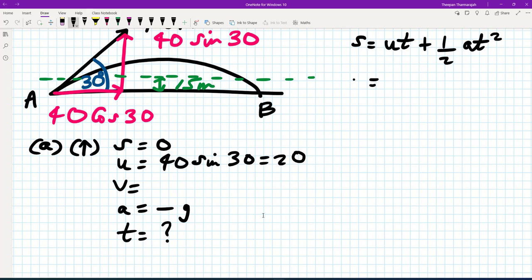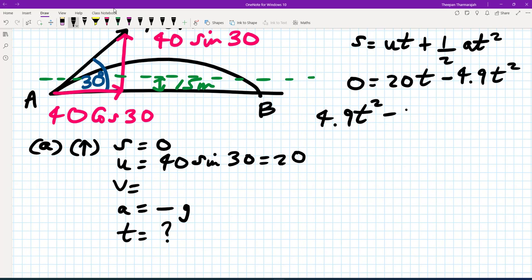So 0 equals 20t minus 4.9t squared. So 4.9t squared minus 20t equals 0.